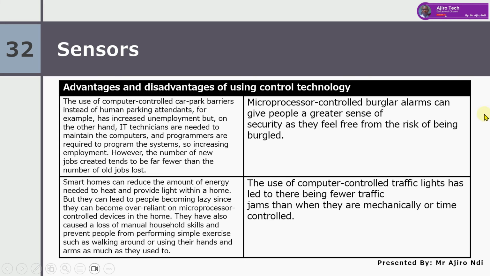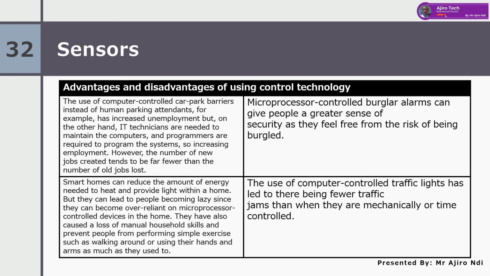Again, right here at your right, the microprocessor controlled burglar alarm can give people a greater sense of security as they feel free from the risks of being burgled. Another one is that smart homes can reduce the amount of energy needed to heat and provide light within a home.